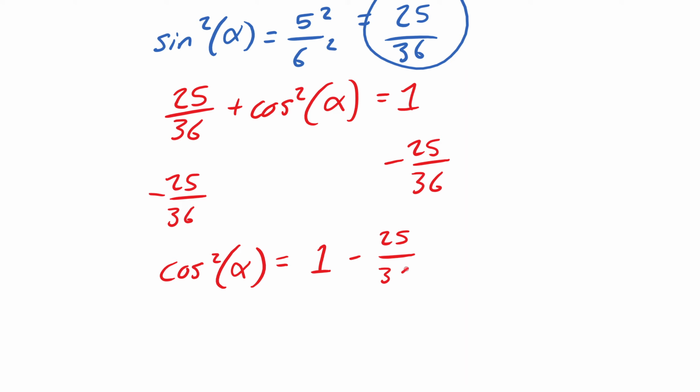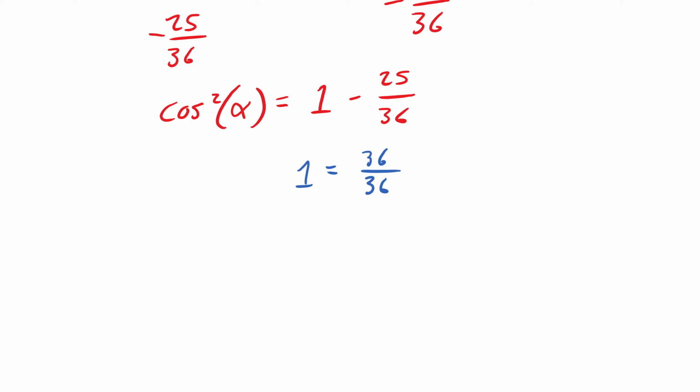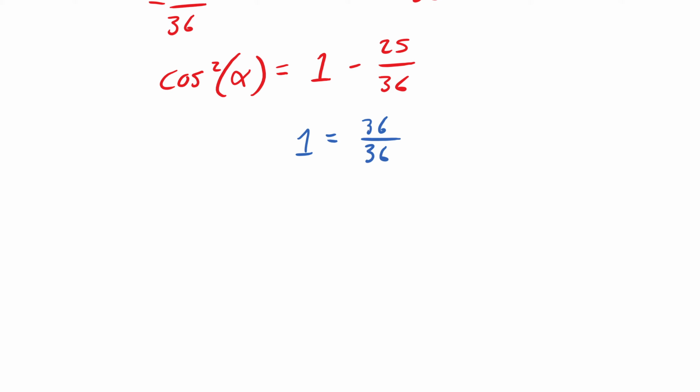25 over 36. Done. But something interesting we can do is change 1 to a fraction. 36 divided by 36 equals 1. And since we're using arithmetic with over 36, it's going to be easier to add and subtract.